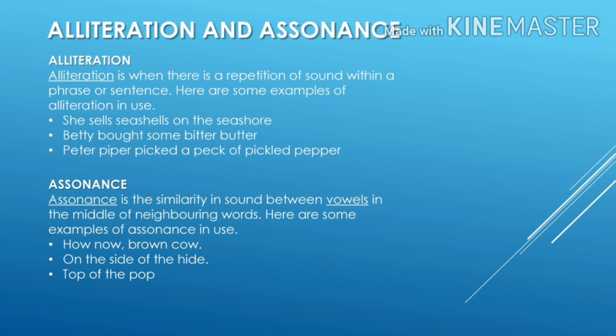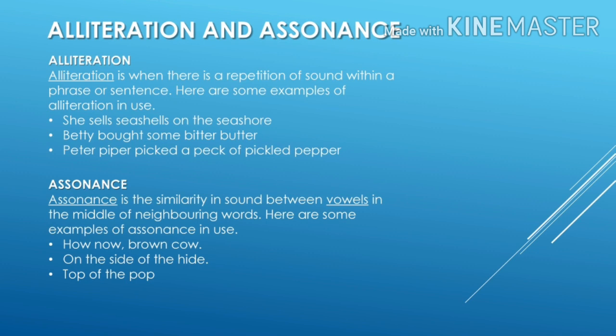Next we have Betty bought some bitter butter. In this example the sound B is being repeated. Then we have Peter Piper picked a peck of pickled pepper. In this the P sound is being repeated.